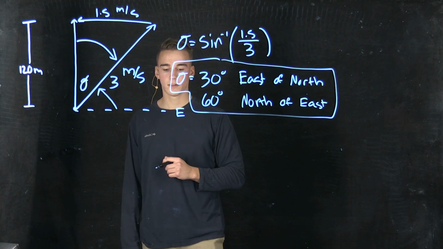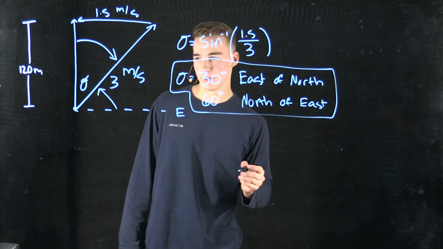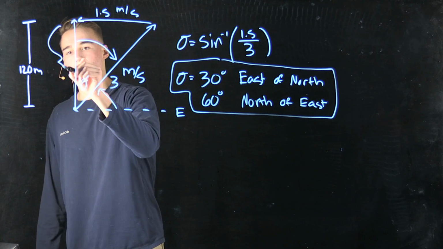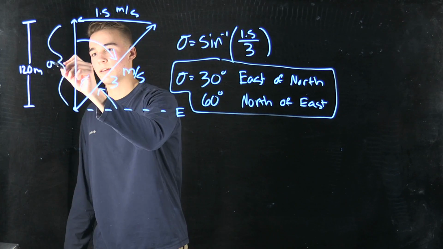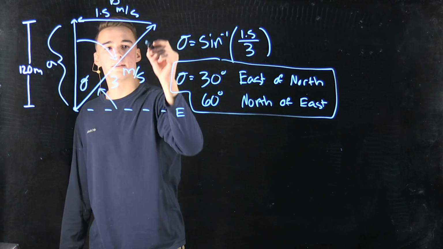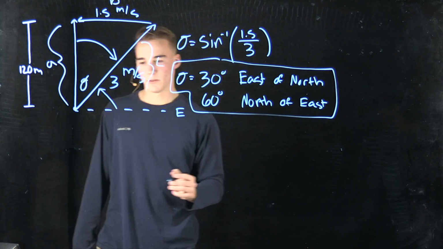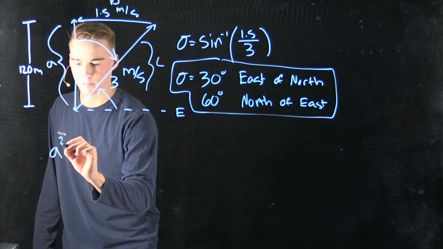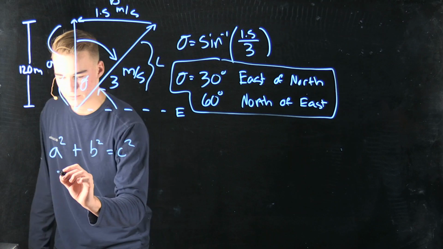And then part B, how long will it take her to cross? In order to find that answer, we need to find this side, and we can label this A, this B, and this side C. So all we need to do is use the Pythagorean theorem, a squared plus b squared equals c squared.